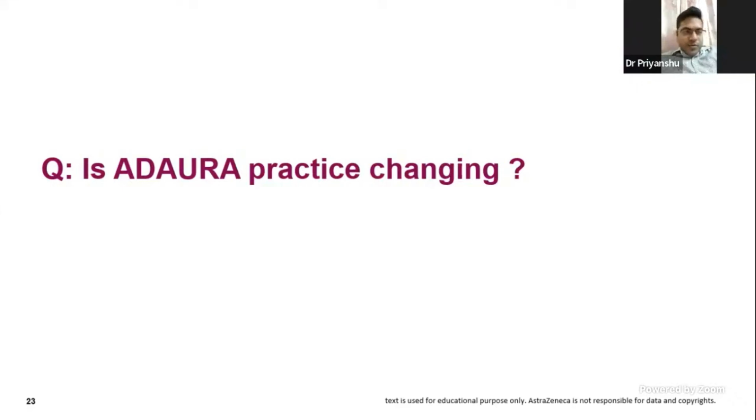The only constraint being cost. But we are actually doing EGFR testing in early NSCLC now, which we were not doing earlier. Although the subset of patients in my practice who are early stage is around 10% at the max. So the overall patient number is also less, but definitely it is practice changing.